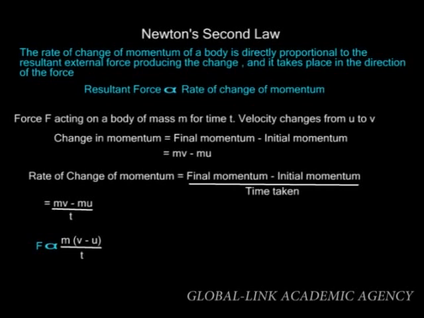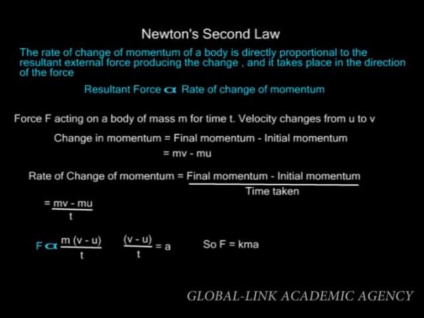Factorizing the right hand side, F is proportional to m into (v minus u), everything over t. But then, (v minus u) over t is equal to acceleration, and therefore force is proportional to mass times acceleration. So F is equal to kma, where k is a constant.